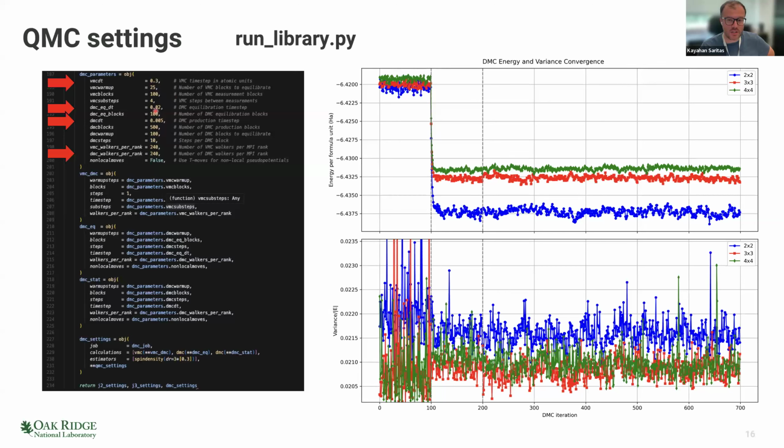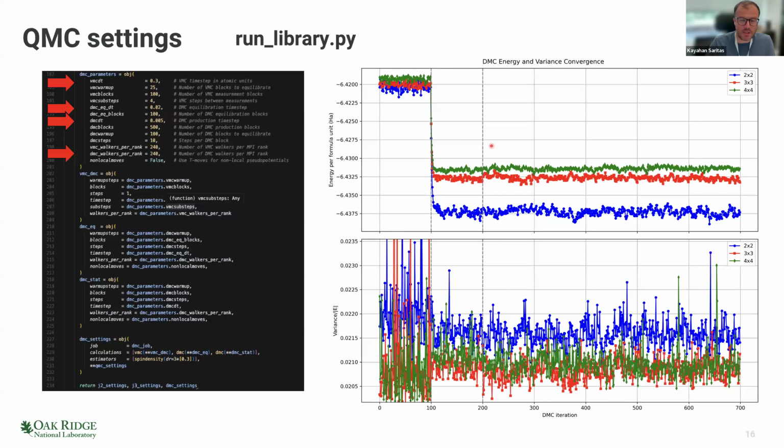For the equilibration period, I think this was mentioned by Jaren, in terms of getting the equilibration part more quickly or cheaply, and then moving towards the statistical accumulation. So the first region here is the VMC part. Here is the DMC equilibration, and the last section of the calculation corresponds to the DMC statistics.